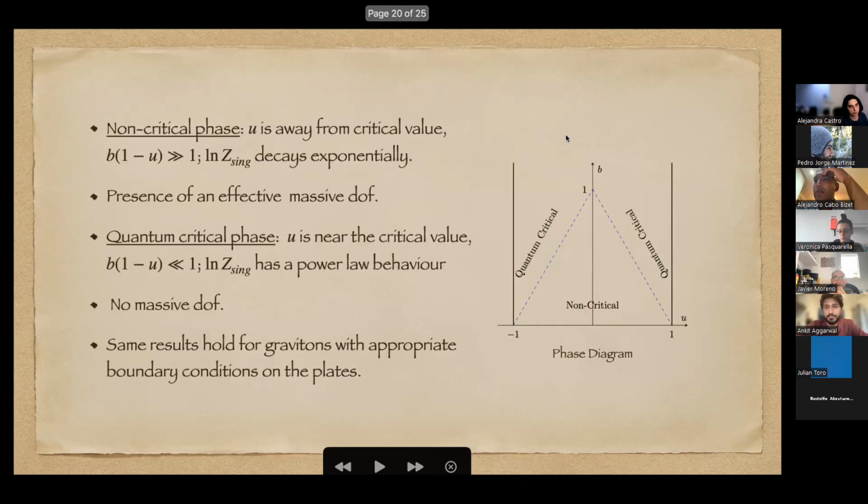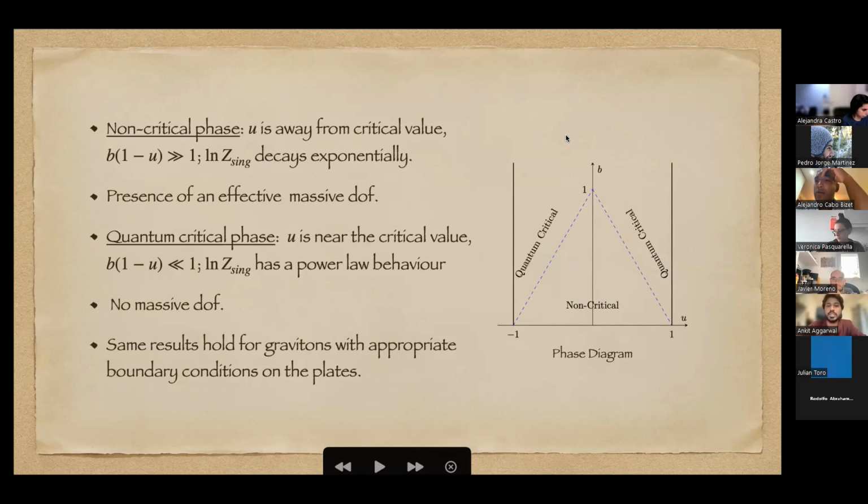So there are two phases. One is non-critical, the other is quantum critical. The non-critical phase is when U is away from the critical value of 1. In this phase, the singular part of the partition function decays exponentially, and there's an effective massive degree of freedom, so photons effectively become massive. Then there's a quantum critical phase where U is close to the critical value.